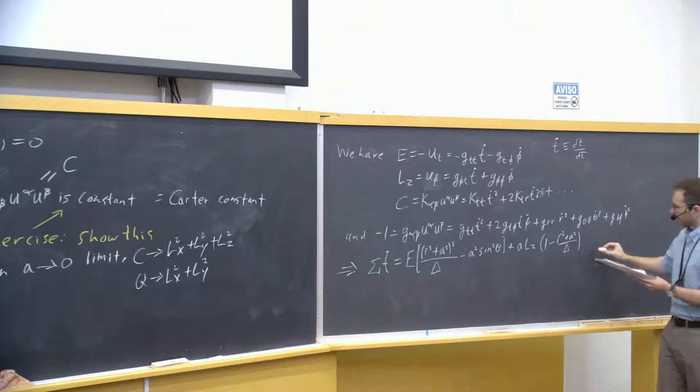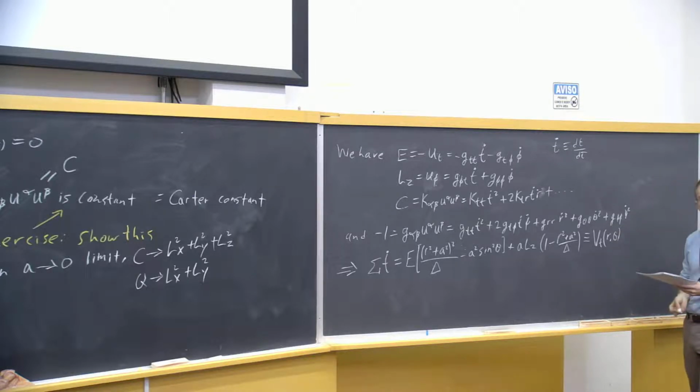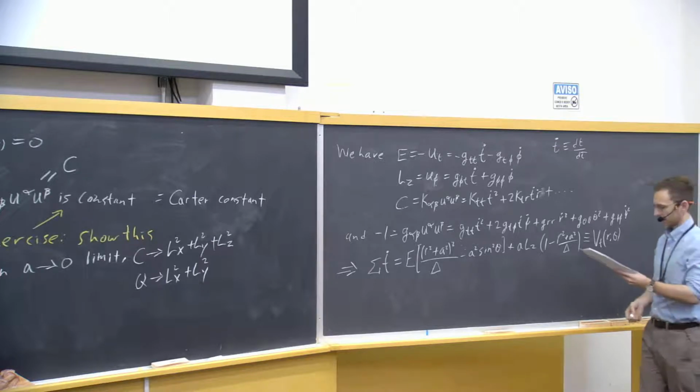And let me define that whole thing to be Vt, which is a function of r and theta on the orbit. So it only depends on r and theta, not on t or phi.